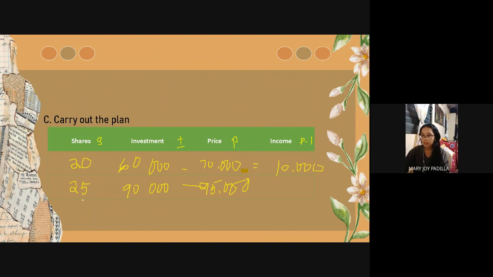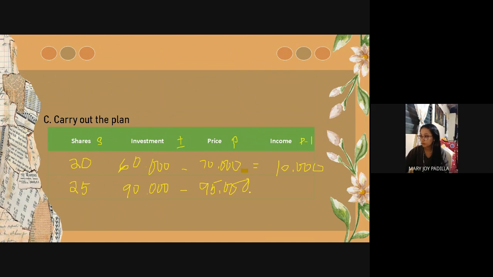While the second transaction, or we have here the 25 shares, i-minus lang natin ang 90,000 pesos minus 95,000 pesos.